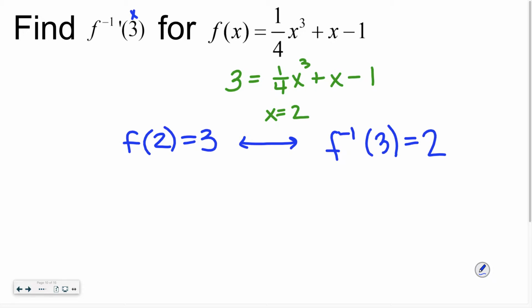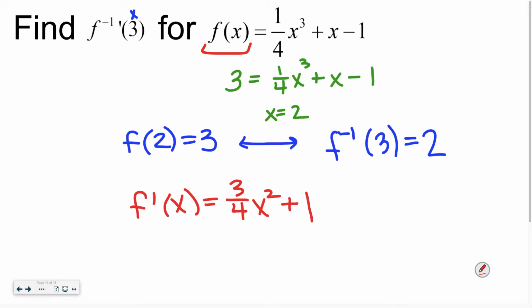Okay. Questions on where we got any of that? We're going to come back to it. We also need to know what f's derivative is. And f's derivative would be 3/4 x squared plus 1. Okay.